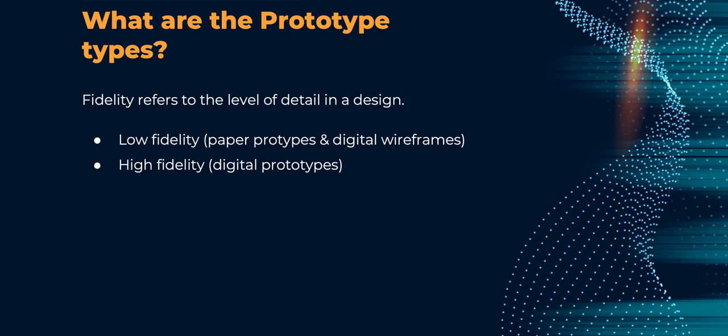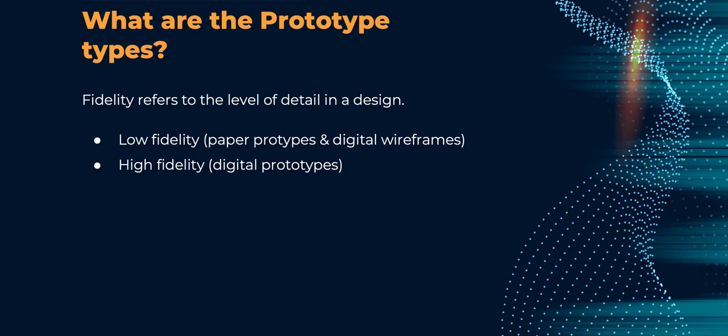So what are the types of prototypes? Now, we have two types: low fidelity and high fidelity. But then someone will ask, what does fidelity mean? Fidelity refers to the level of detail in a design. So when we say low fidelity, we are basically saying there's a low level of detail in that design, and when we say high fidelity, we mean there's a high level of detail in the design. Examples of low fidelity prototypes are paper prototypes and digital prototypes.